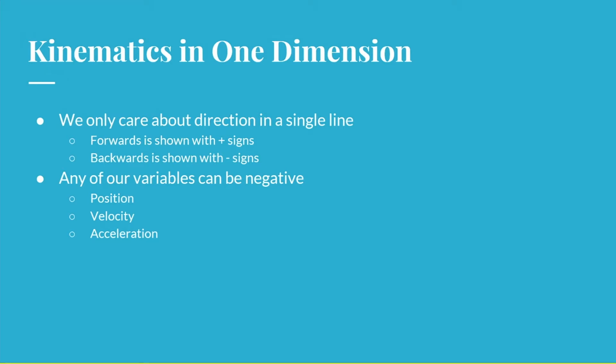Please do note that you can have a positive velocity and a negative acceleration, or you could have a negative velocity and a positive acceleration. I mean, you can also have positive and positive, or negative and negative. If they're the same signs, that means it is, quote unquote, speeding up.